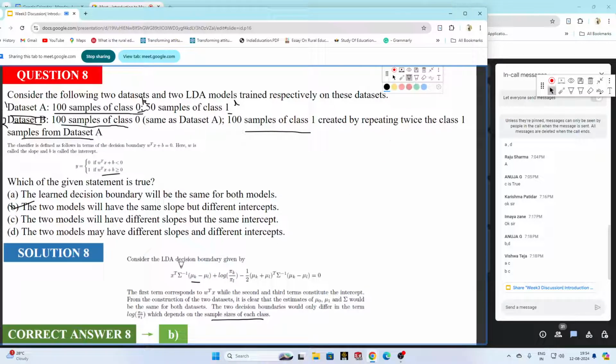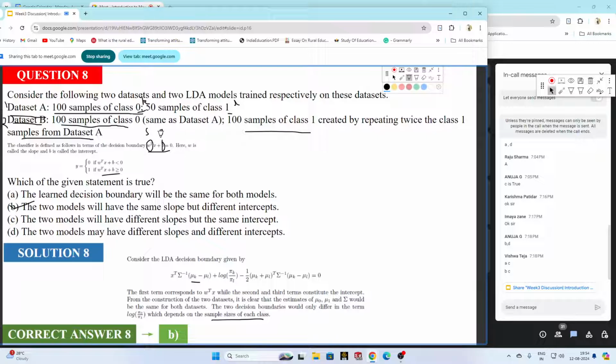We know this discriminant equation for LDA, and here we are comparing it with the straight line equation. In this straight line equation, x is your input, and w transpose is always the slope. This is the slope, and this is the intercept part.